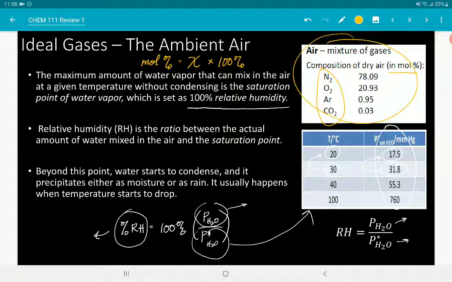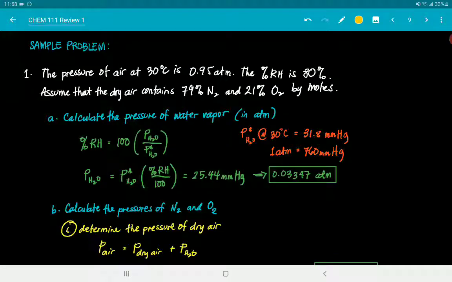And, let's take note, okay, yung ating P of air, yung lahat ng air, yung ambient air, is equal to P dry air plus P H2O. So, the pressure of air or the ambient air is equal to the pressure of dry air plus pressure of water. So, this is based on Dalton's law of partial pressures kasi kinoconsider natin yung mga gases na to as ideal. So, sumusunod sila sa Dalton's law. Okay? So, sample problem.